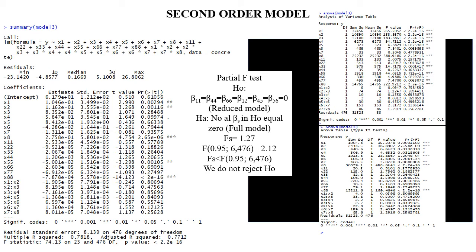According to the F-test, the predictors tested in the hypothesis test, beta 11, beta 44, beta 66, beta 12, beta 45, beta 56 equal 0. So we do not reject the null hypothesis. It means these predictors equal 0, and we can then eliminate them.